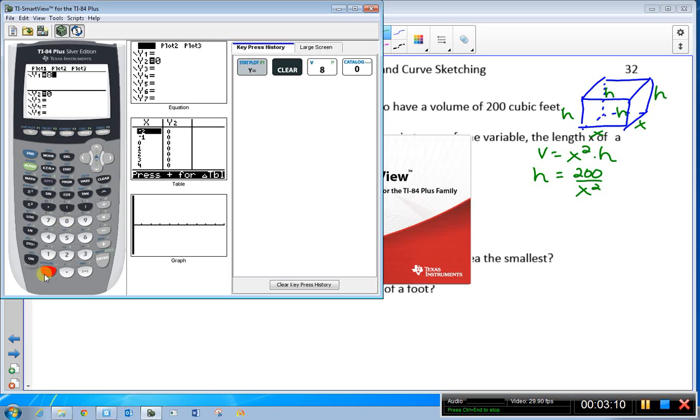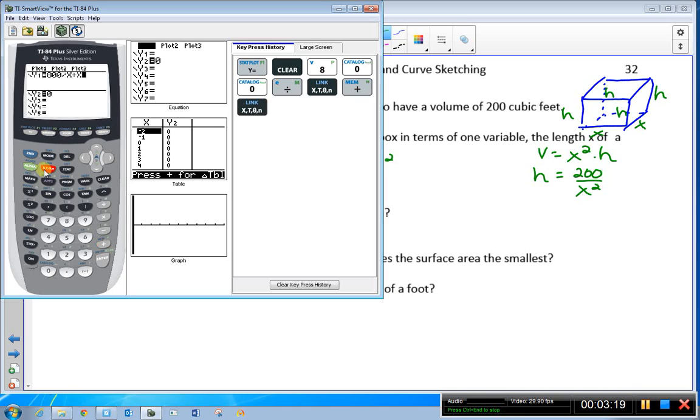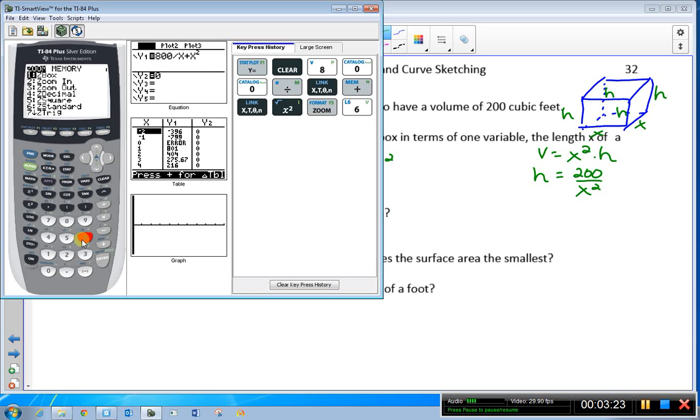So 800 divided by x plus x squared. And I'm going to try zoom 6. I'm seeing the left-hand side. And then I'm going to try zoom 0. And there we go.